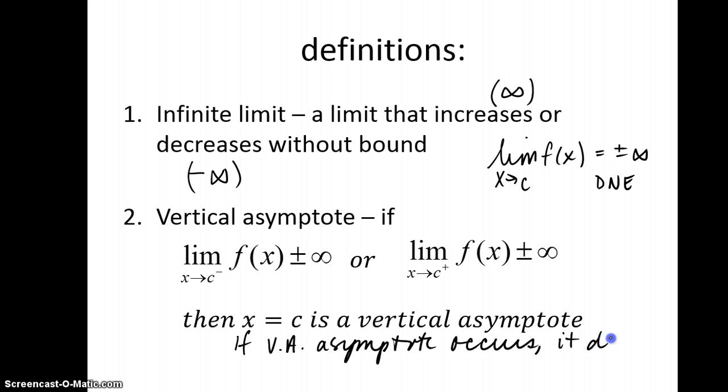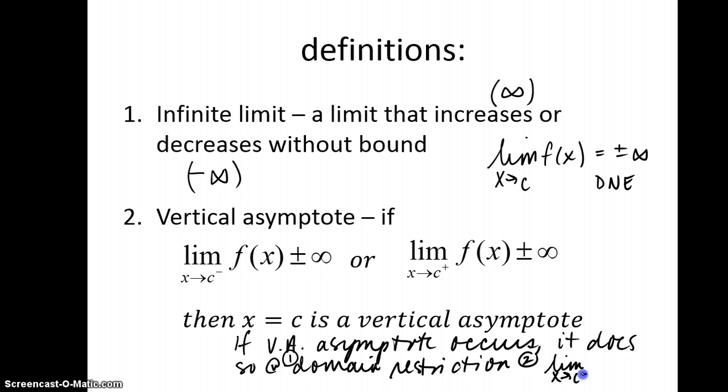So if it's a vertical asymptote, it occurs at a domain restriction, but now it has to have that infinite one-sided behavior. Okay, so the limits from either the left or the right have to approach positive or negative infinity. And that's exactly what the definition says there as well.